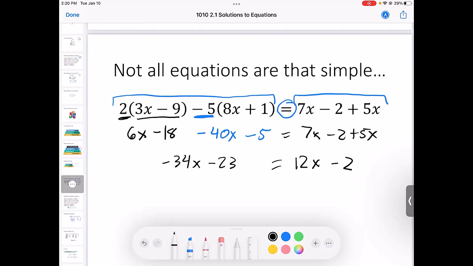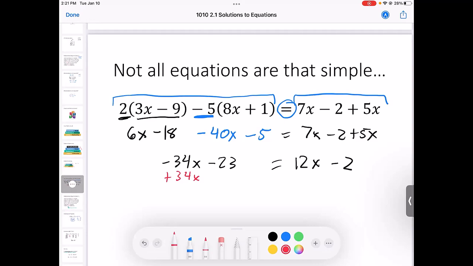So the way that you cancel it out is you add 34x to the left side. Because if you have 34 negative x's and then you add 34 positive x's, you're going to have 0 x's. So that will cancel it out over here. But remember, if I only add it to one side, that's going to make a false statement, because if you only add something to one side, it will imbalance the equation.